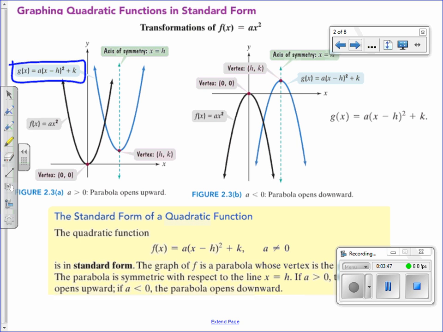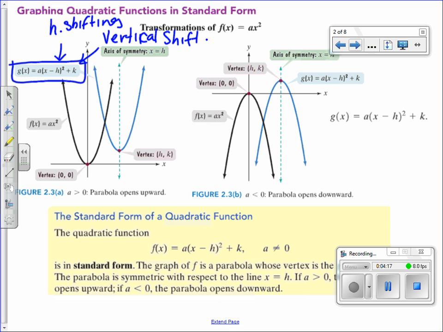And that form is pretty useful when you're trying to find the vertex, and that is because that will give you what the horizontal and the vertical shifting was. And so in this case, H represents the horizontal shifting, and K represents the vertical shift.